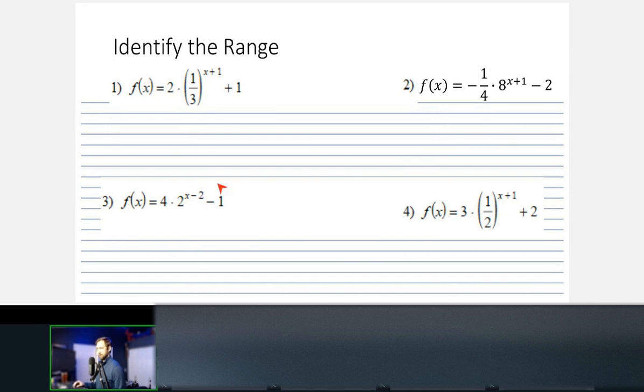Okay. All right. Number one. What is the range? 1 to infinity. That is correct. All right. Give me a green check when you're done with the remaining three problems on this page.